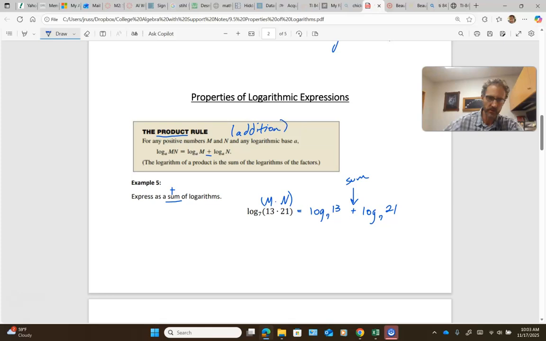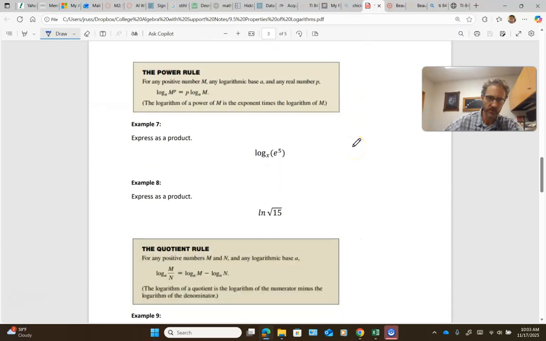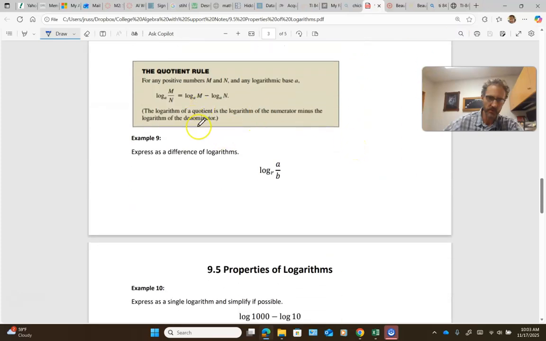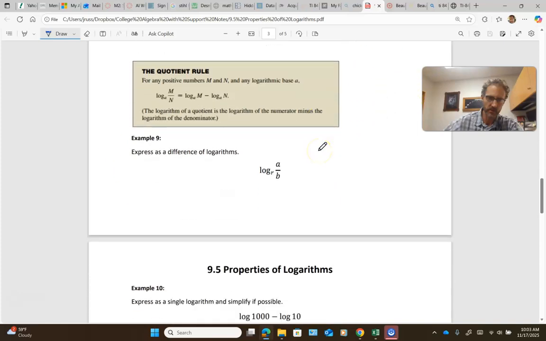Now, similar to how we had a quotient rule with exponential expressions, let's do that one next, and then we'll go back to the power rule. If you remember, you had a to the m divided by a to the n, and you would subtract those exponents.